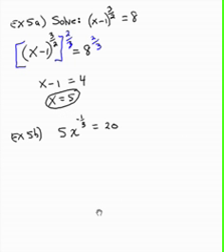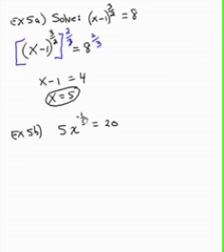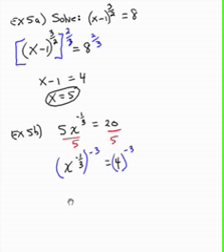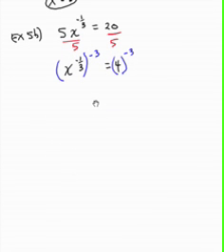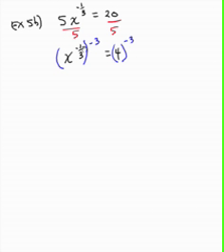Let's look at solving another equation that's exponential in nature, and its exponent is a rational exponent. I would suggest in this case, let's get the variable by itself first. Divide both sides of the equation by 5, and that gives me x to the 1/3 power equals 4. Next, I would suggest raising both sides of the equation to some power that will give me x to the first power on the left.